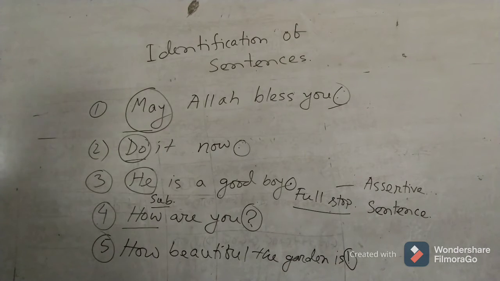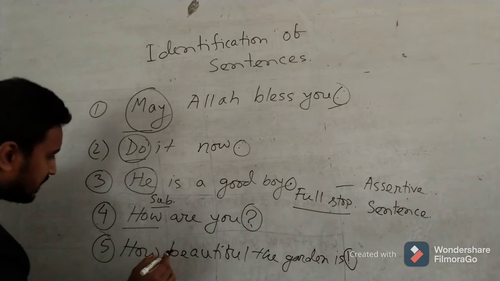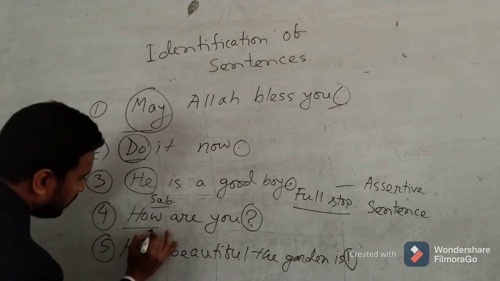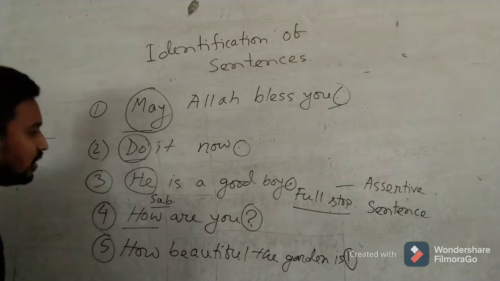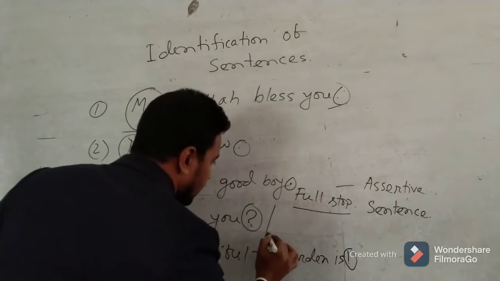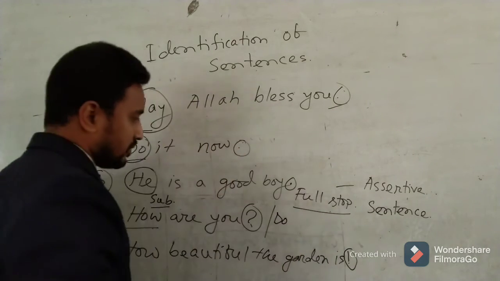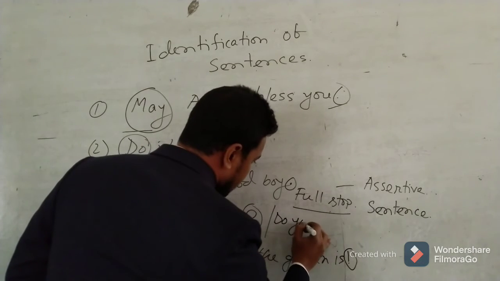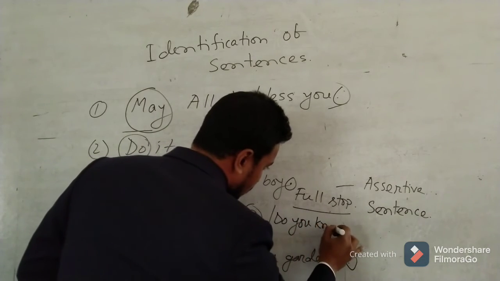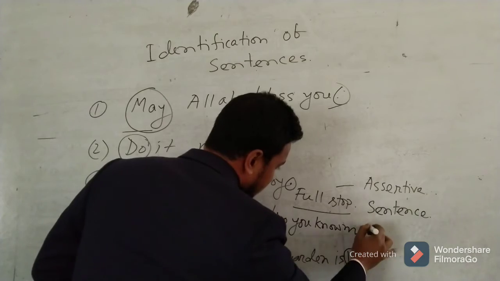And then come to the topic, interrogative sentence. If we get a WH word or an auxiliary verb, like, do you know me?